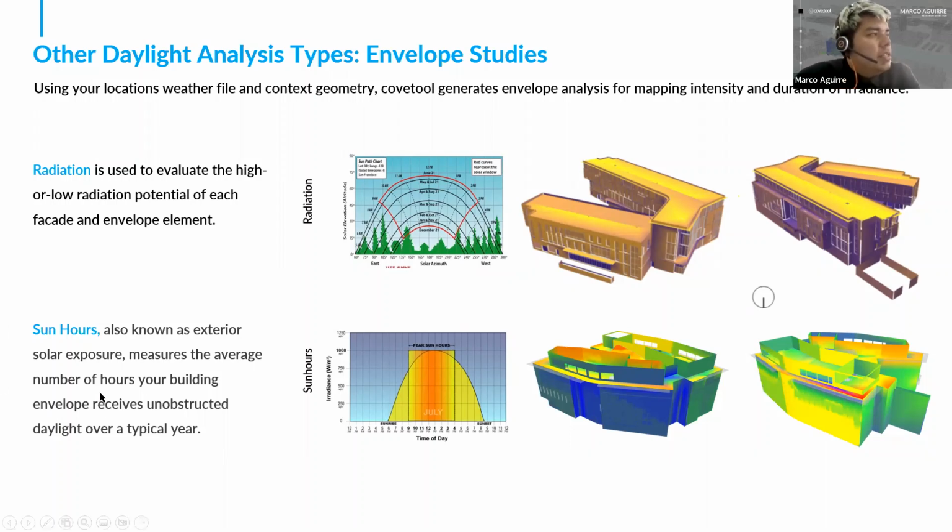The sun hours analysis, instead of looking at intensity, looks at duration. How long are we experiencing certain conditions? And based on the duration of those conditions, is there something we want to take advantage of? In certain buildings, you might want to place additional glazing, or put certain programs adjacent to the spaces where you have a long duration of solar exposure.